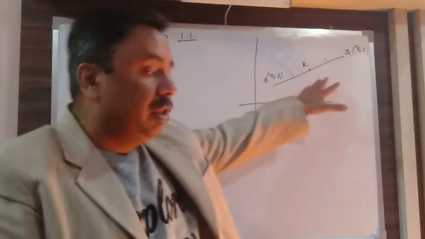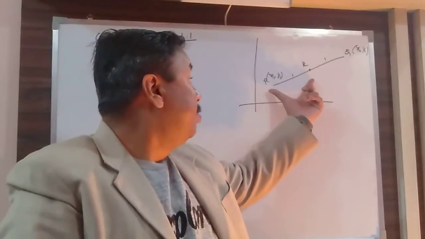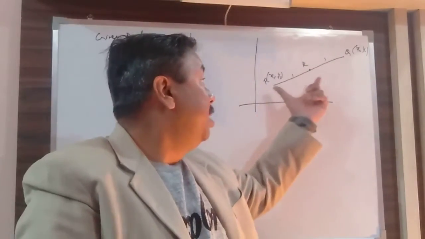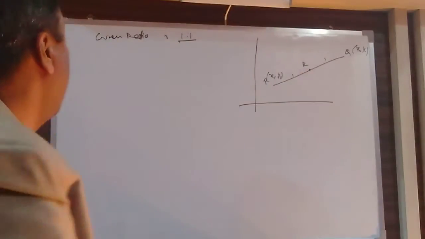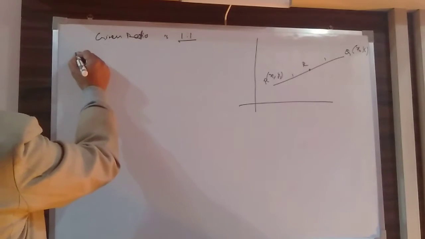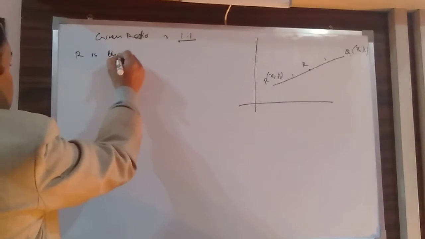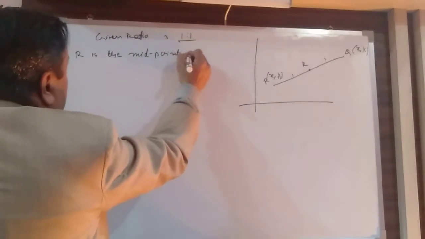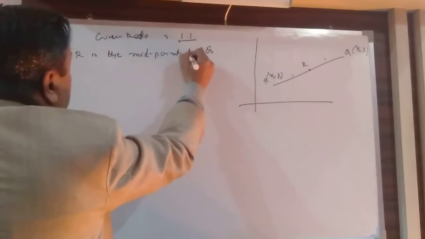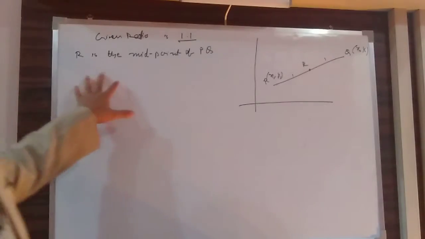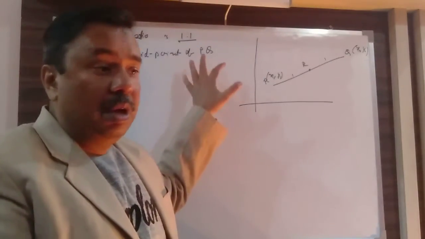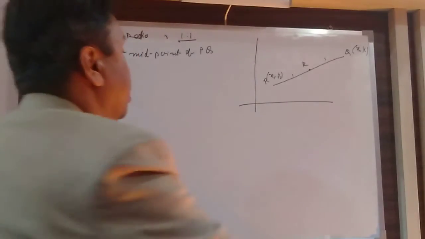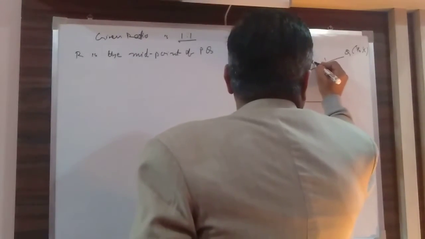That means both these parts PR will be equal to RQ, and if PR is equal to RQ, that means R is the midpoint of PQ. R is the midpoint of PQ. How will we find out the midpoint of PQ? Suppose that its coordinates are now x, y.